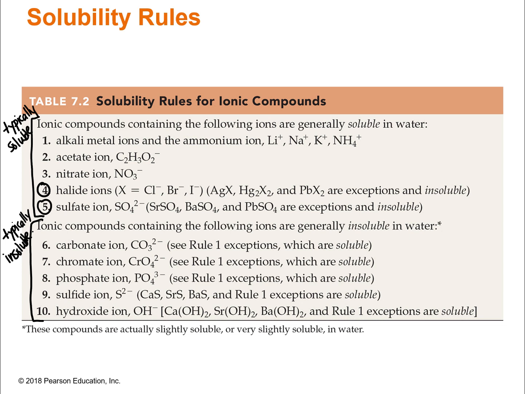With the exceptions being those group 1, so the lithium, sodium, potassium, along with the ammonium ion. Anything that has one of those is going to be soluble. Anything outside of those is going to be insoluble for all of these different ions listed. So instead of staring at the chart, let's do a couple of examples to show you how to use the chart.